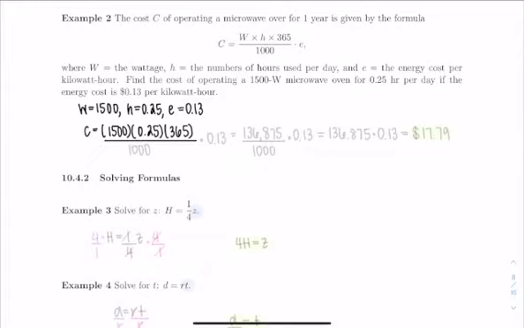On the bottom we have 1000, and then we want to multiply by 0.13 once we have simplified.